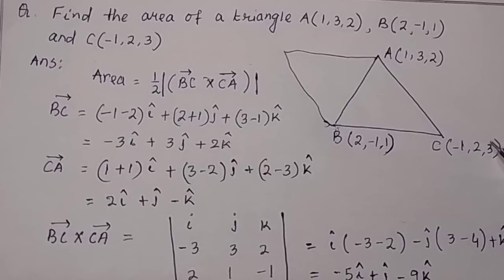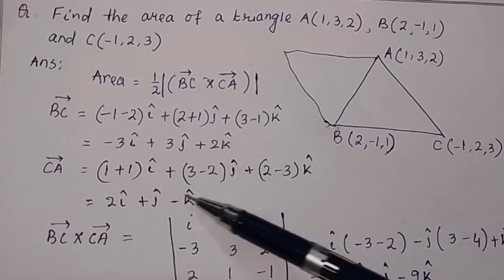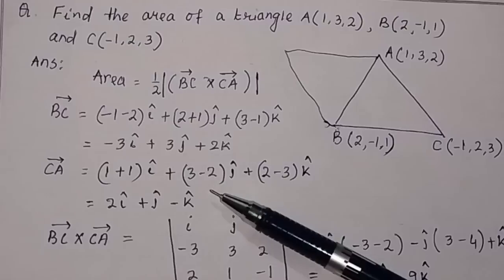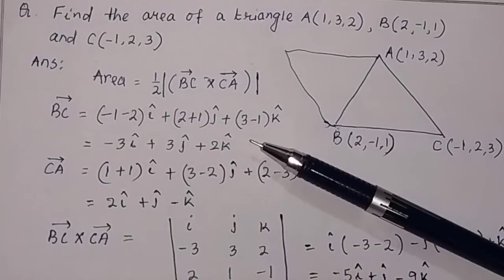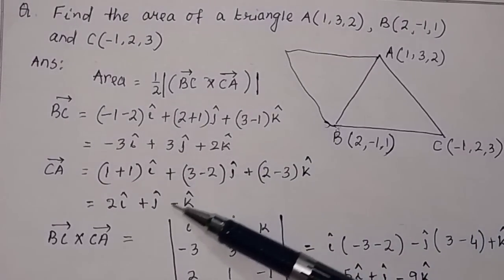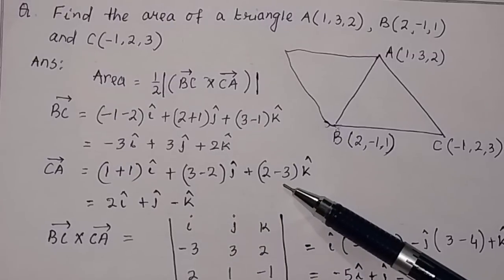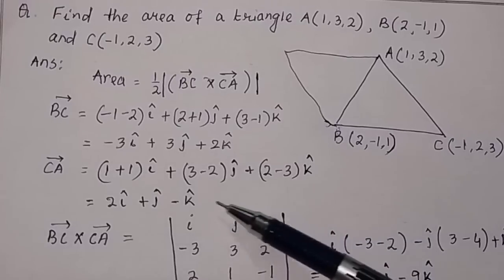So this will be equal to 1 plus 1, 2, so 2 i cap, plus 3 minus 2, that is 1, so 1 into j cap, minus, 2 minus 3, that is equal to minus 1, so minus k cap.